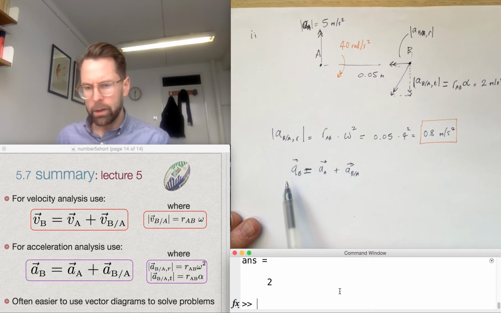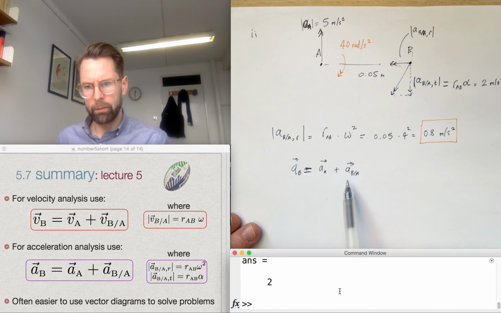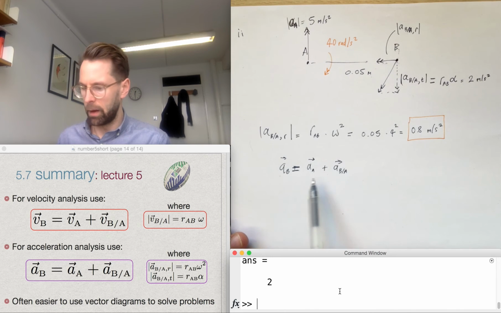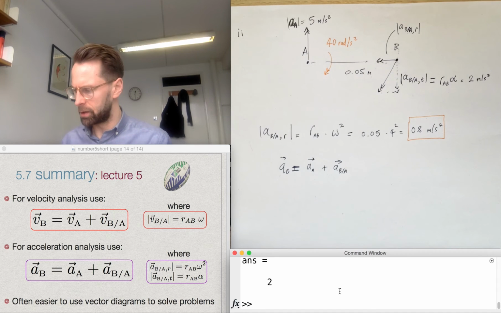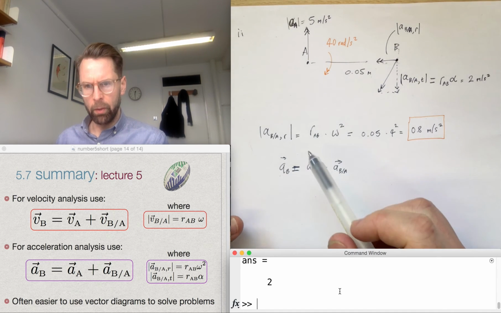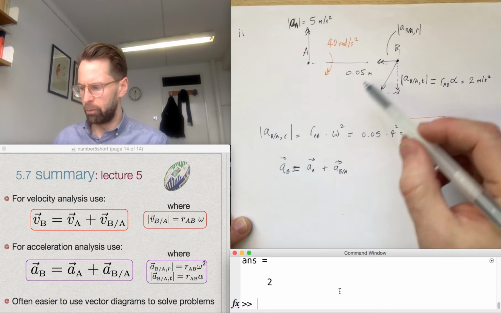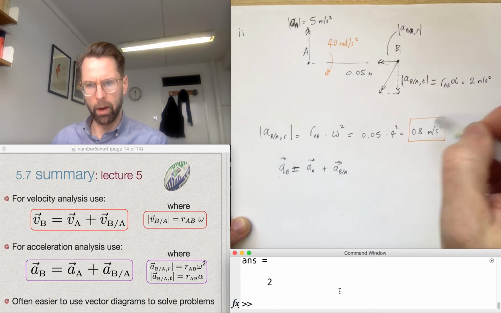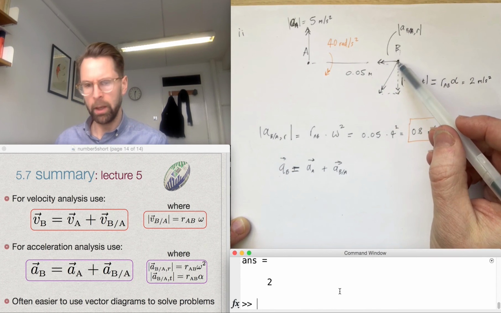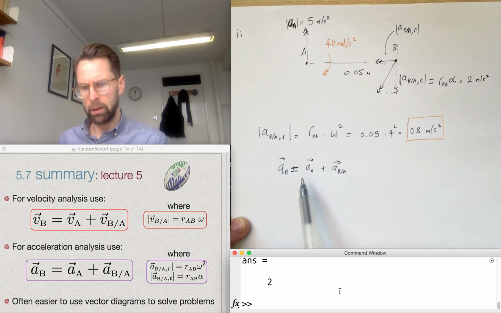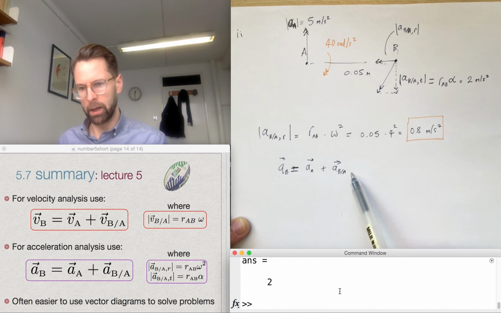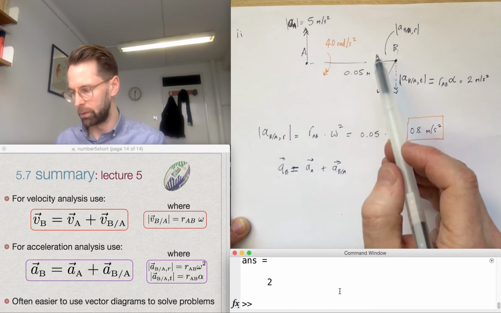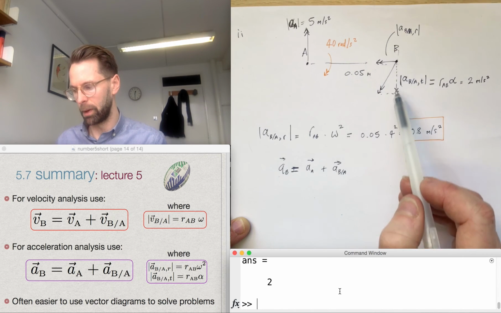So we can do this symbolically, but I'm going to solve this equation graphically because this is the way we've done it in the lectures, and I think it's simpler. So we want to find out the acceleration of B here. And we don't know where this is and what direction this is going to be, but we know that it's composed of two vectors: the acceleration of A, which is directly up, plus the acceleration of B relative to A, which itself has two components, so it's got this component and this component.